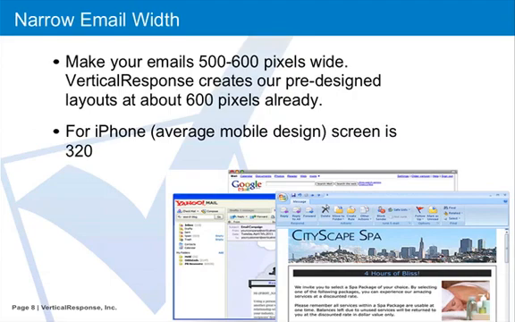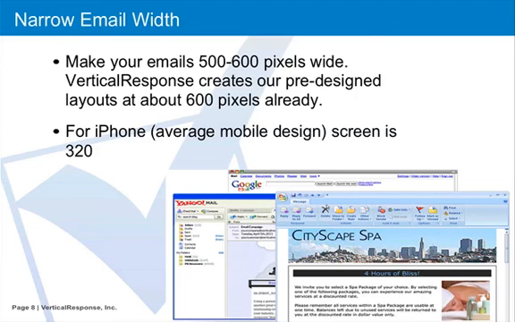So another thing to keep in mind when you're creating your email is the width. Again, cell phones obviously have a smaller window to view the emails on, so you don't want to have a really wide email. But also, for anyone who is viewing your email just in a regular inbox, if they have to scroll back and forth to read it, that gets really difficult, and they'll give up and go on to something else.